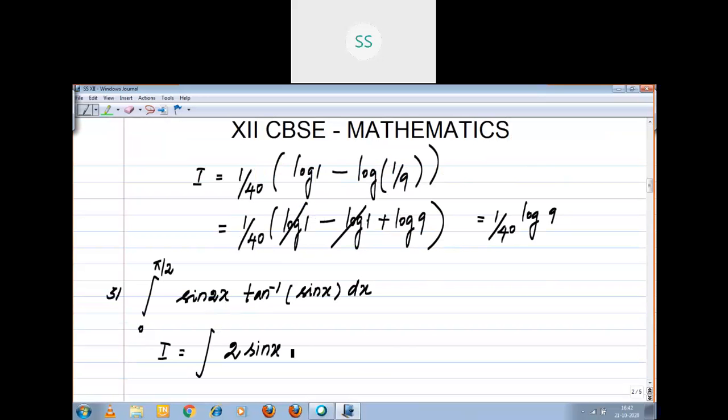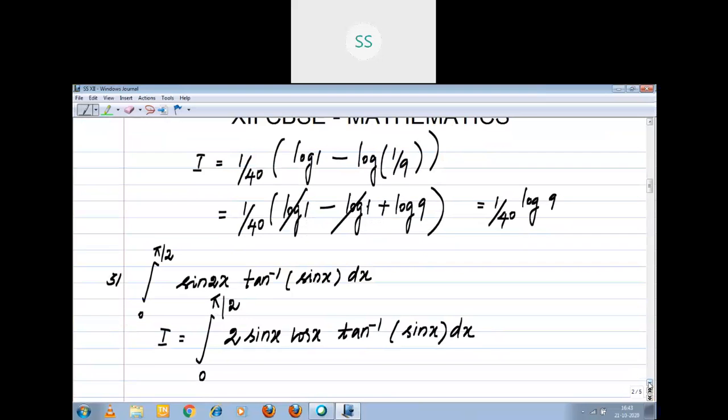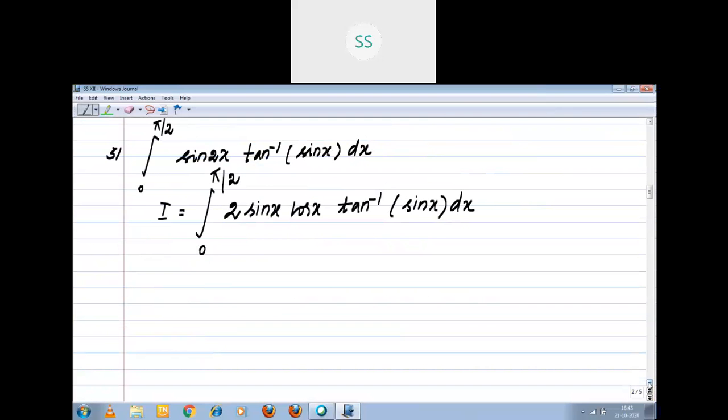That is 2 sin x cos x into tan inverse sin x dx, limit 0 to pi by 2. Now I am going to adopt substitution. Sin x equals t.